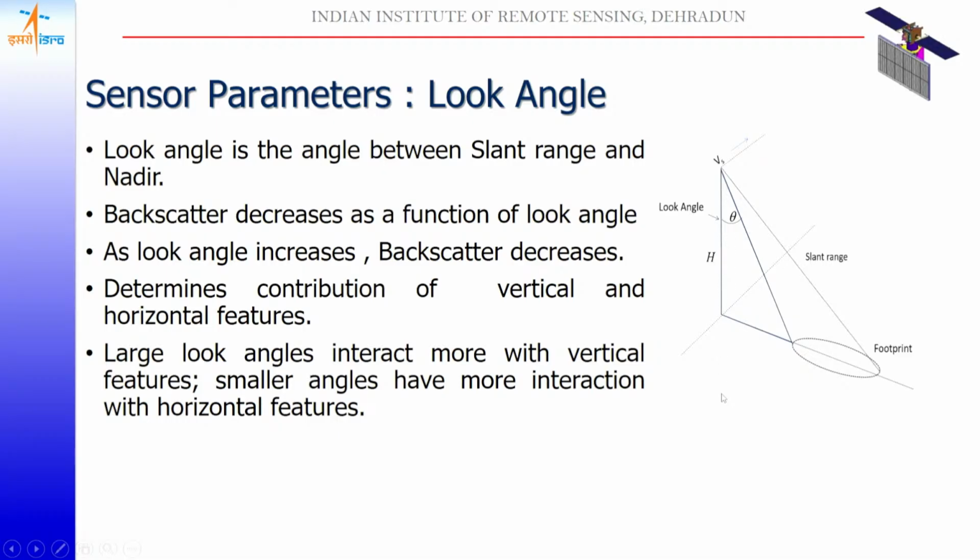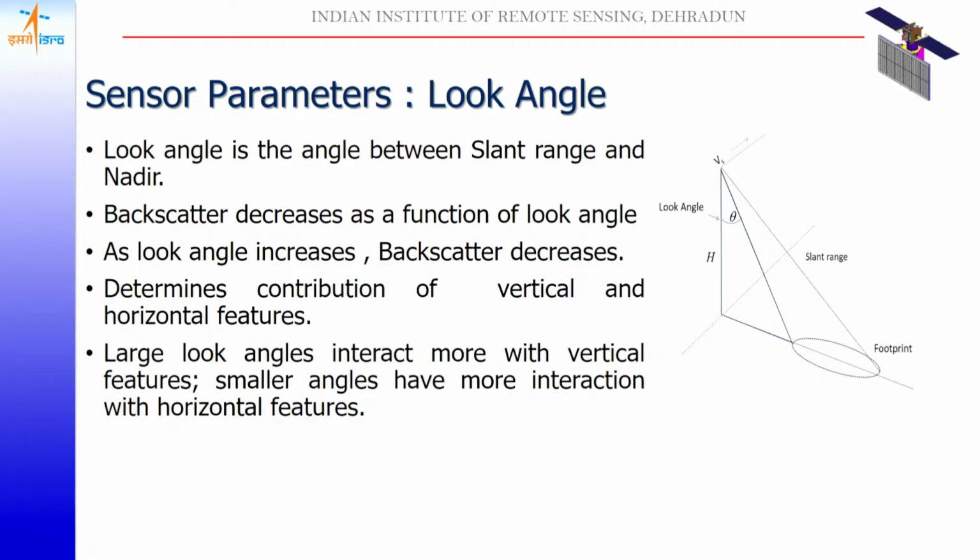What is the effect of the look angle on the backscatter of the SAR image? Backscatter decreases as a function of the look angle. As the look angle increases, backscatter decreases, and in the SAR image from near to far range you can see that as the look angle increases, the backscatter decreases. A large look angle interacts more with vertical features, and smaller angles have more interaction with horizontal features.